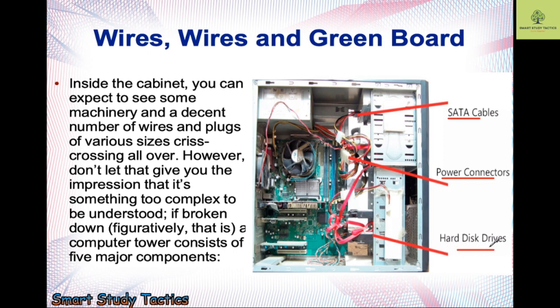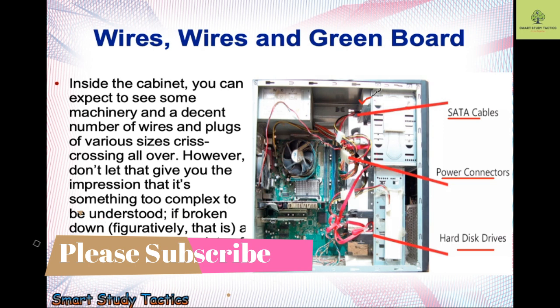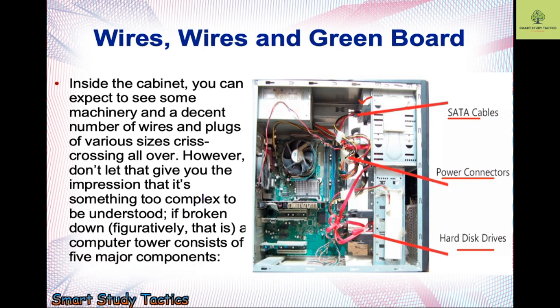I forgot to write the hard disk drive cable here. Here you can see the CD-ROM. On the top you can see the CD drive. This is the CD-ROM, and here is the power cable connection. It is coming from this area. All the cables are coming from here and going to the motherboard and all the different places.